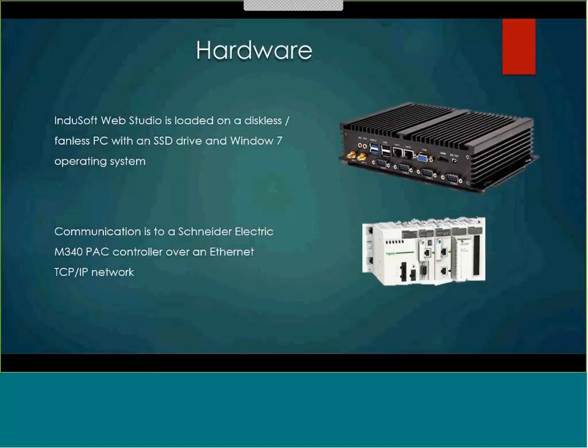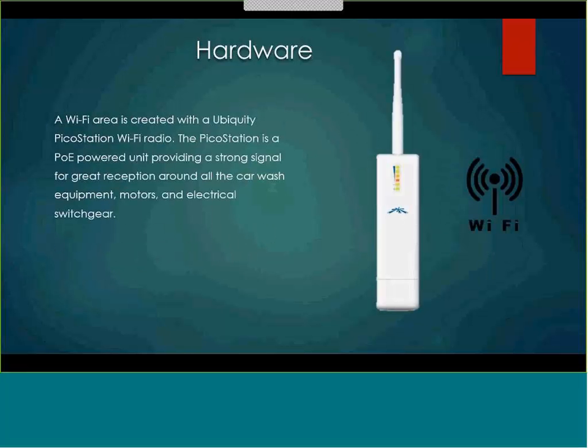Communication, we're talking to an M340 PAC controller or PLC controller, and again over an Ethernet TCP/IP network. We'll set up our own little Wi-Fi zone, and we happen to use a Ubiquiti Pico Station here, a little Wi-Fi radio.